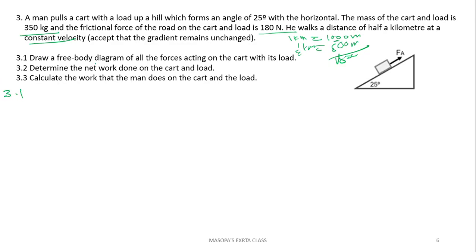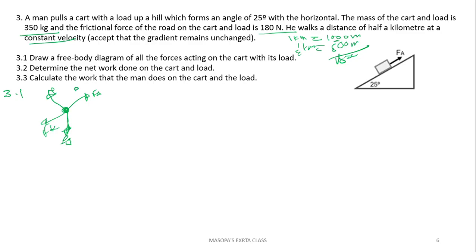They say that we must draw a free body diagram. So when you're drawing a free body diagram, the man pulls, force applied, Fk. That is Fg, and then this is your normal force.